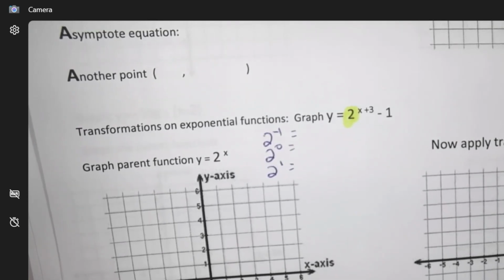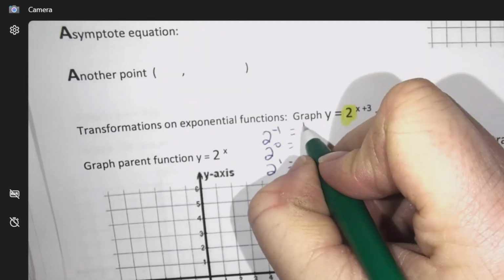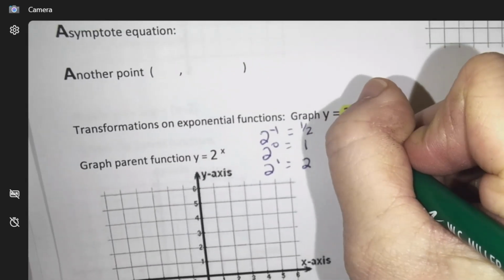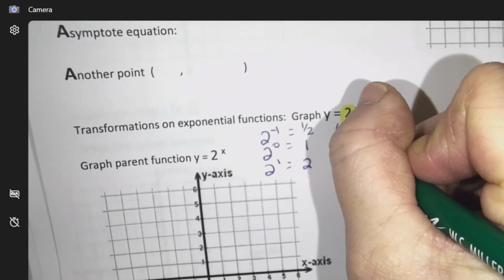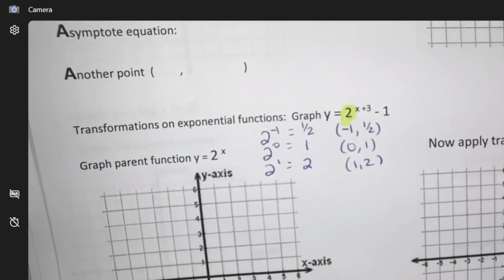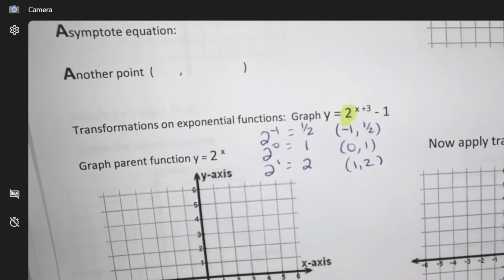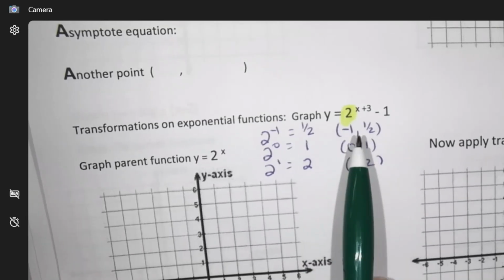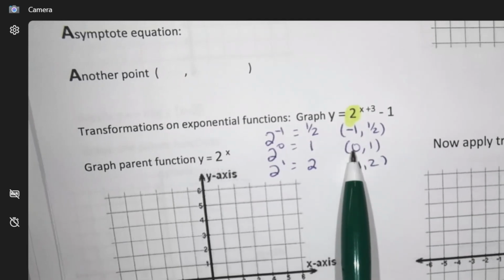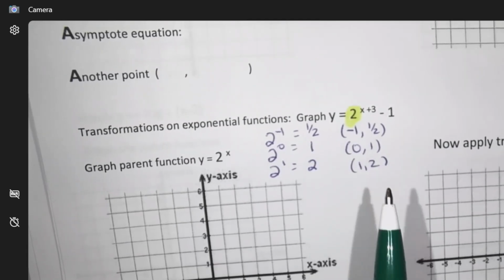So we're going to do just a bunch of exponents. So those are the 3 I always pick. So this is a half, 1, 2. So this is the coordinate. Exponent, comma, result. Exponent, comma, result. Exponent, comma, result.